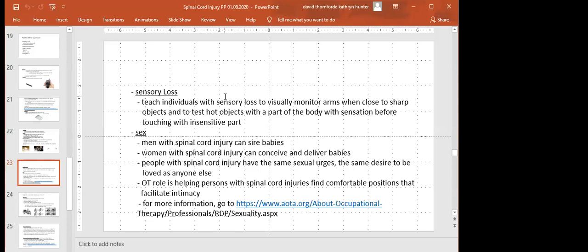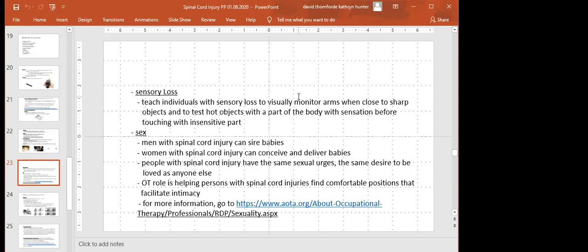But if you've determined that a person has sensory loss, especially in their hands, you need to teach them to visually monitor their hands and their arms, especially when they're close to sharp objects or hot objects, so that they can prevent injuring themselves. And then if you do have something that's hot, you can train the person to test the object with a part of the body that has sensation.